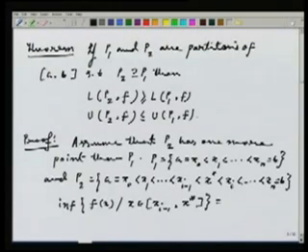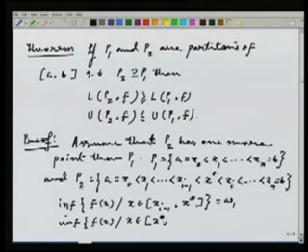I call this W1. Similarly, I can look at the infimum of f(x) where x belongs to the interval x star to xi. I call this W2.